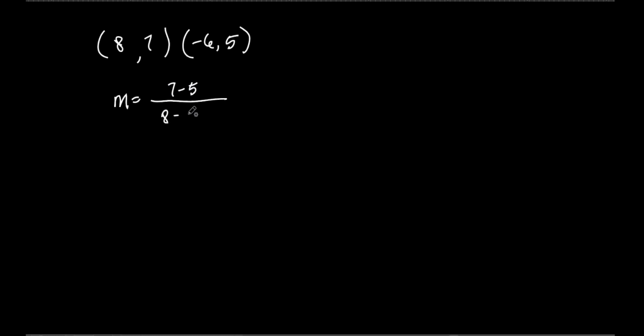It's 8 minus negative 6, because that's a negative, and we subtract. And now we just do it. That's 2 over 14. Am I going to leave it like that, though? We've got to reduce it. Always reduce your fractions. So what's the slope between these 2 points? It's 1/7. And that's it. That's how you find the slope. It's really, really simple.